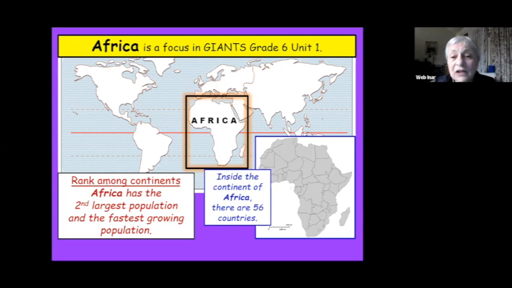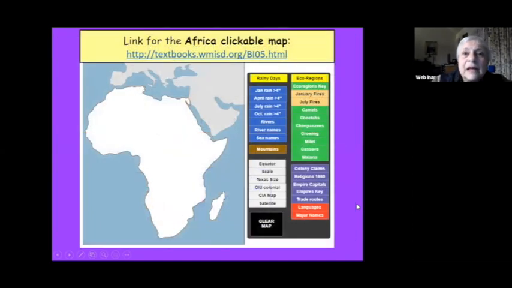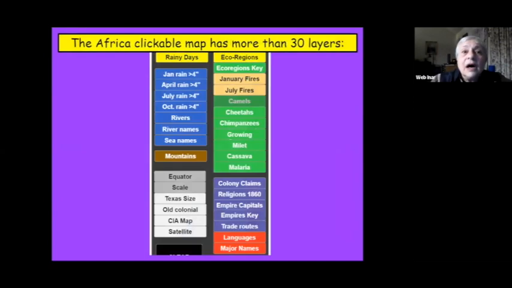Africa is not all alike. For example, it has 56 countries. There's the link that we will go to later. The clickable layers, I think there are close to 30 layers. Yeah, 30 layers on the clickable map of Africa.